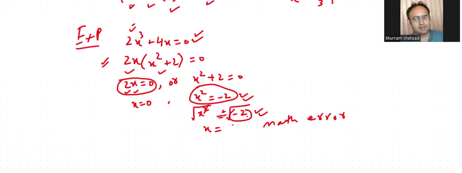So its solution does not exist in R. Actually its solution exists, but not in R. The other solutions which exist are complex numbers, which are outside the scope of this book. So we will discuss only the real solutions here. I'm not going to discuss this one here. You can leave this also. So this is the only real solution which comes out here: x is equal to 0.